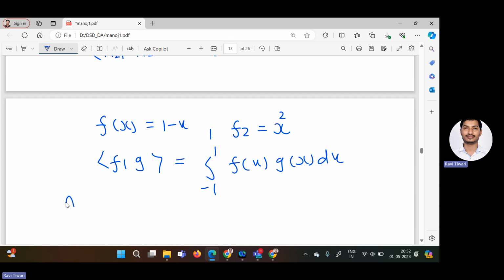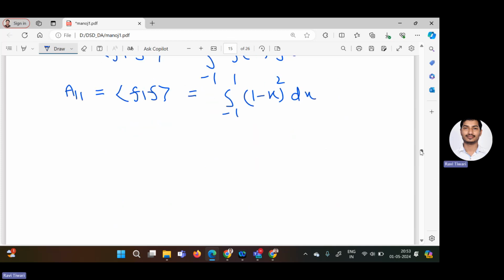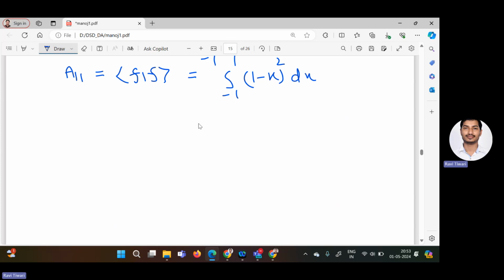So what will be A11? A11 will be the inner product of f with f, and this equals the integral from minus 1 to 1 of (1 minus x) times (1 minus x). So you will get (1 minus x) whole square dx. We can split the square: this equals 1 plus x square minus 2x.